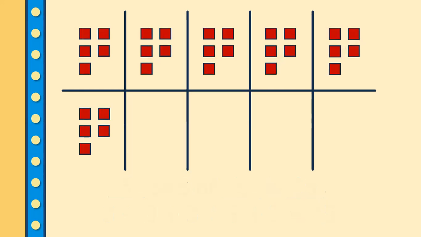All right, next here we have 6 groups. If you count across the top, you have 5 across the top and 1 at the bottom. And in each one of our groups, we have 5 red squares. And so we can say that we have 6 sets of 5. We can get that answer by counting every single one up, or we could count by 5s, saying 5 plus 5 plus 5 plus 5 plus 5, or we could skip count.